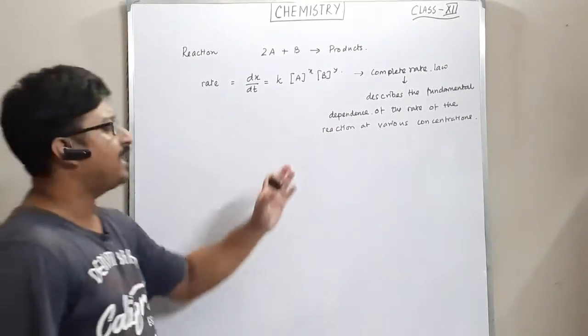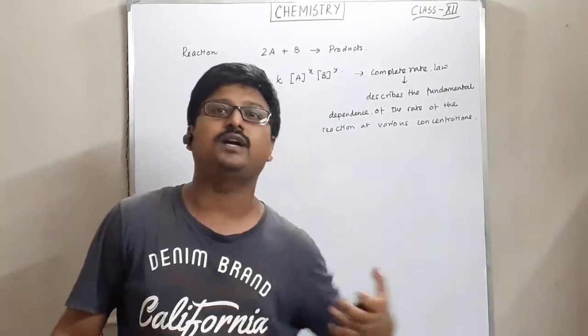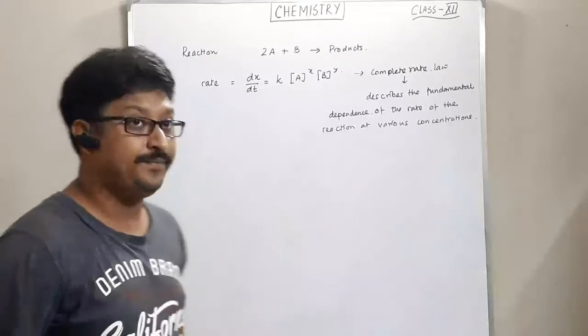So this x and y can be any values, but that gives you the exact description of how the rate varies with the concentration.